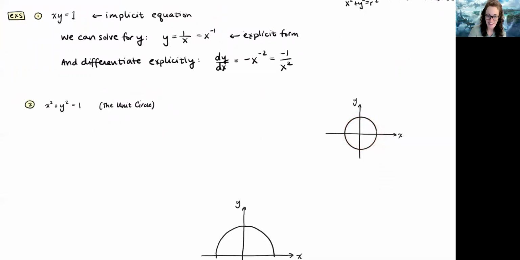So here's the graph of the unit circle over here. The radius is 1, so that's 1 all around, and -1 down there. So the equation for that is x squared plus y squared equals 1. This is also an implicit equation.